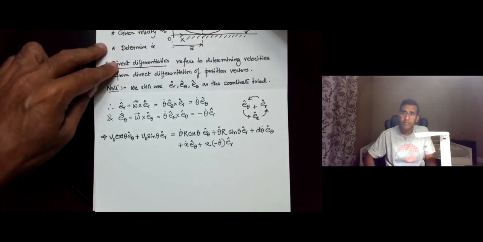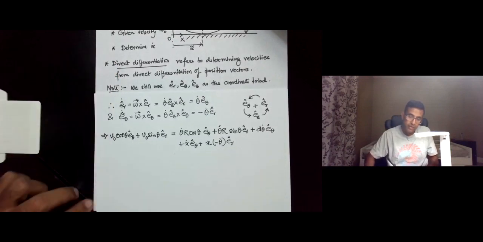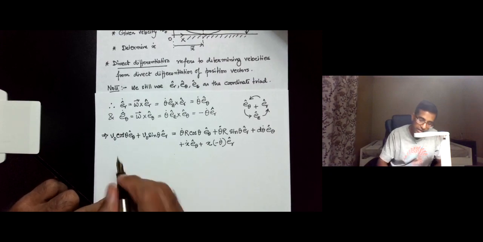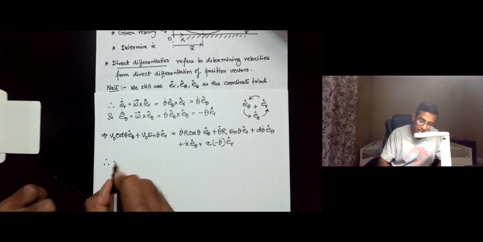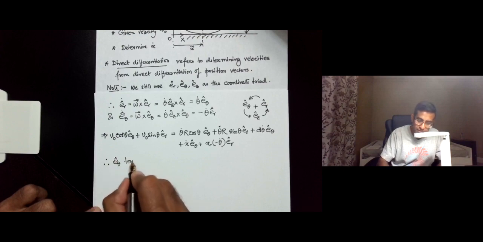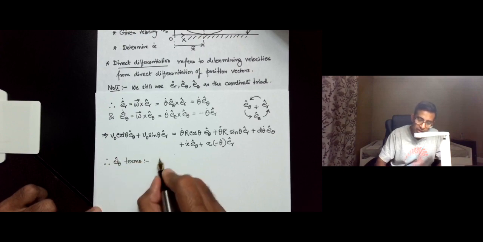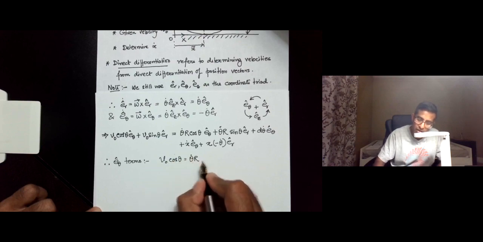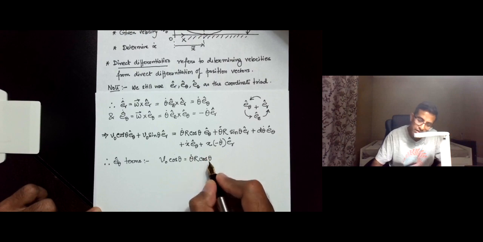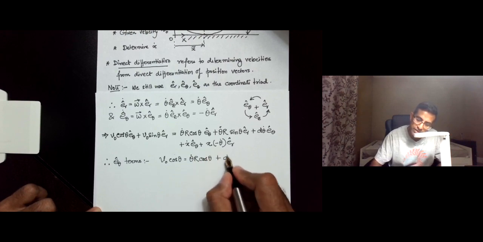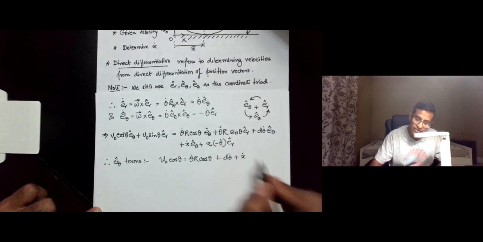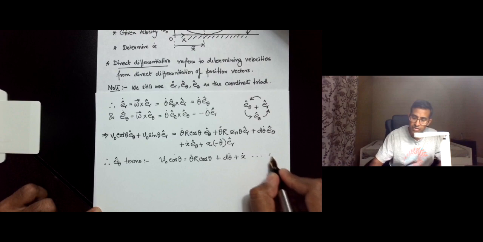Right? So then what we do is, as you can see, in both sides of the equation we have E theta and ER. If we take the E theta terms, then we have V naught cosine theta is equal to theta dot R cosine theta plus d theta dot plus x dot. So this gives us equation 1.